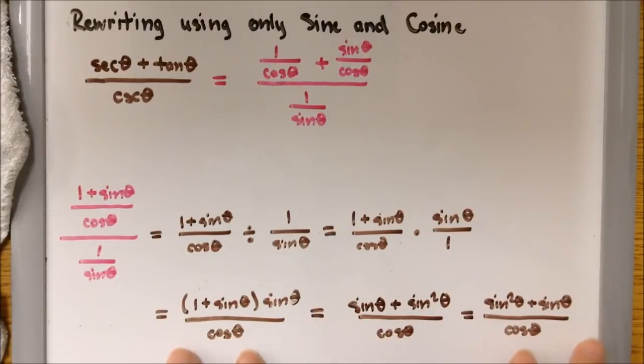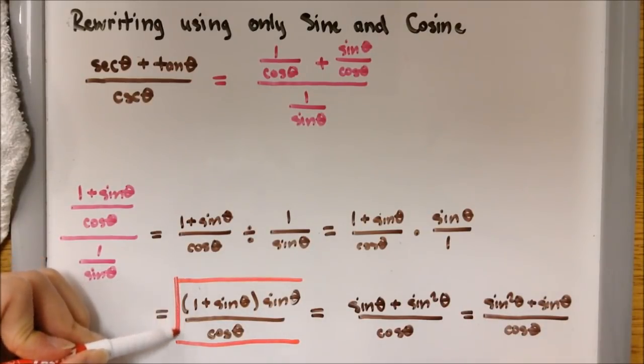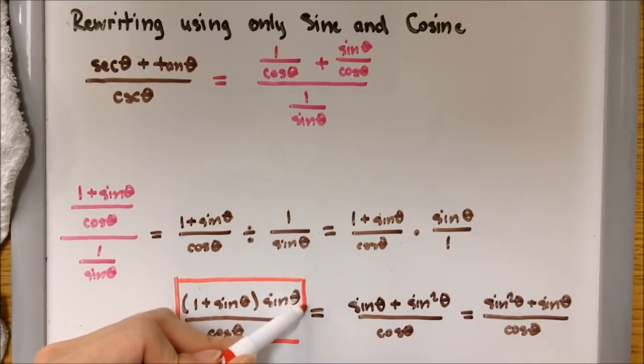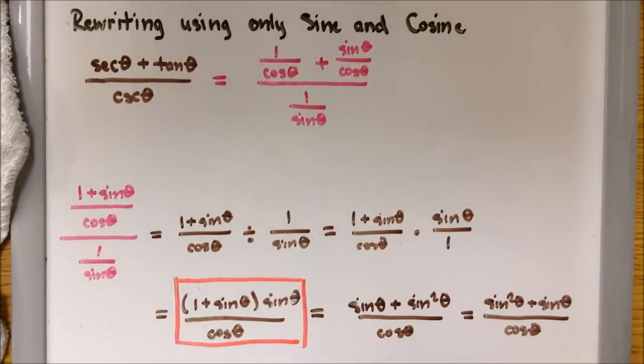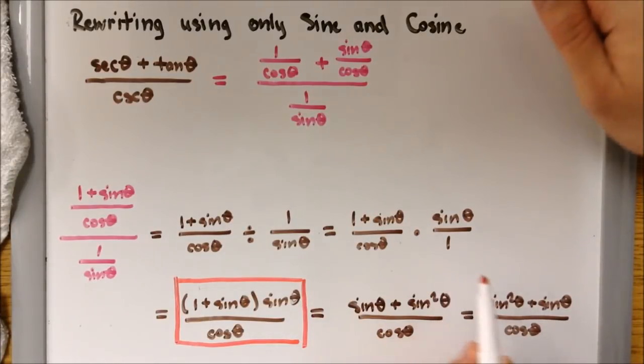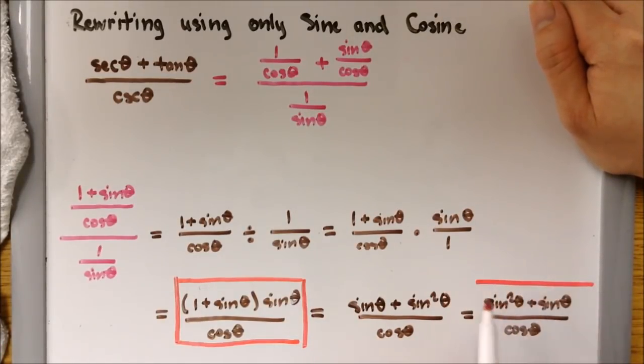I wrote both of them just in case, because maybe your professors on your college exams might want you to leave it like this on the left, right here. Or they might want you to distribute the sine theta to everything inside the parentheses, which you will get sine squared theta plus sine theta over cosine theta.